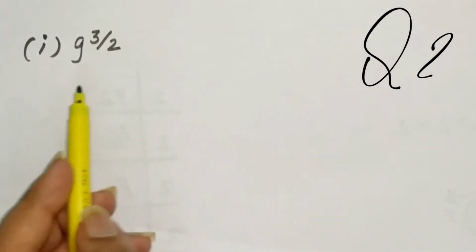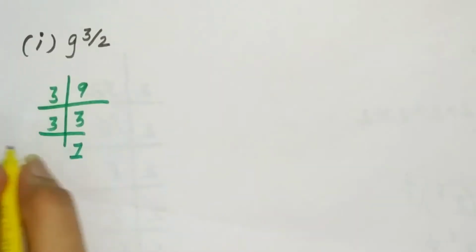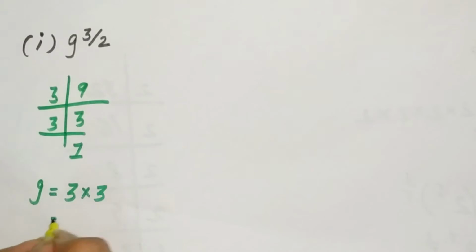Question number 2 says find. Now again, follow the steps. Find out the LCM of 9. So 9 is equal to 3 multiply 3 or 3 square.